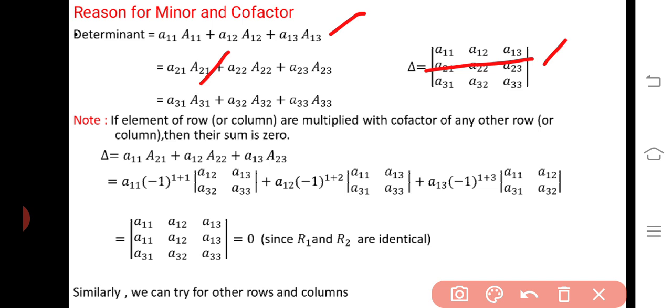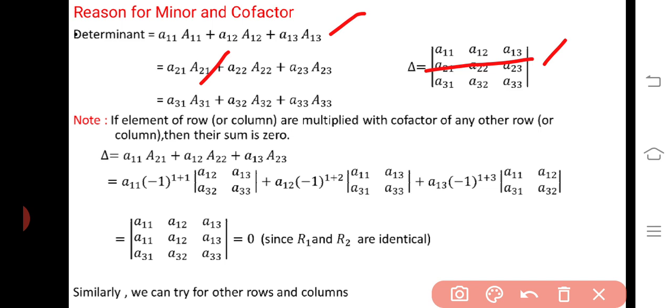Yes, and for the third row, A31 into cofactor of A31 plus A32 into cofactor of A32 plus A33 into cofactor of A33. Let us solve an example in the next class, but you have to know how this works.